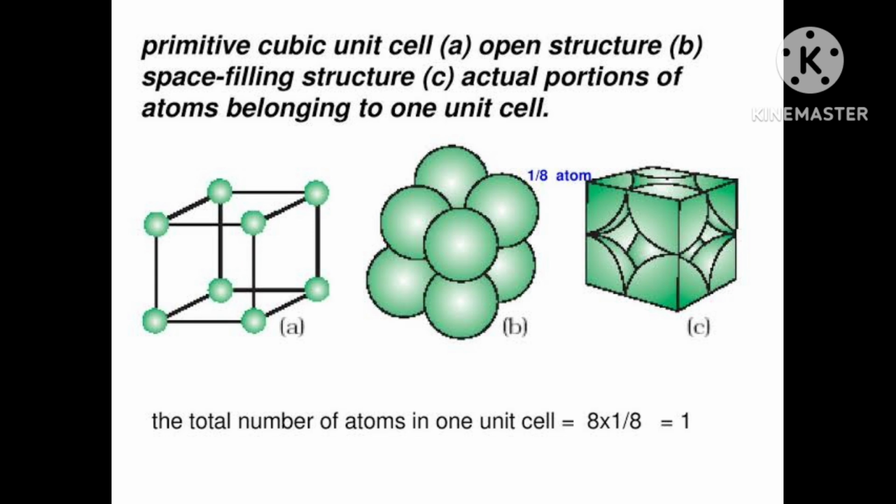Suppose you are making one line, and again upside, it will form like a triangle. If you join all, it will look like a triangle.